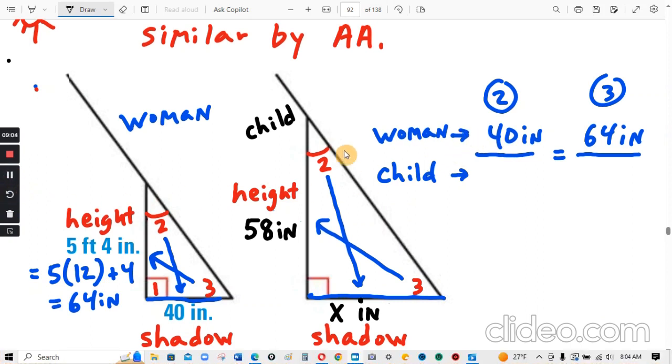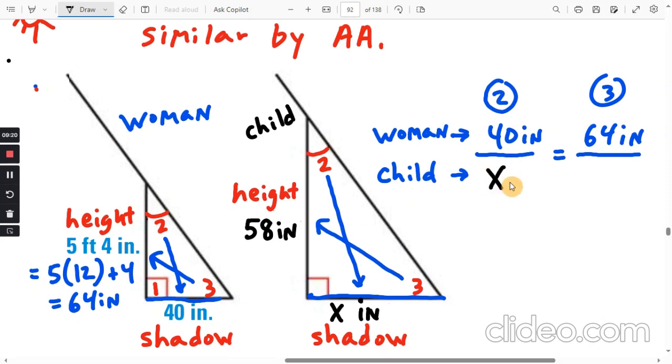All right, so look at the triangle for the child. This fraction is for angle 2, and for the child triangle, go across from angle 2 right there, and you can see that is X inches. All right, and then across from angle 3 is this fraction.